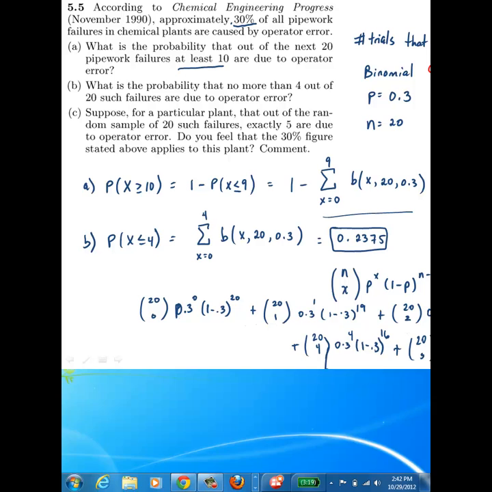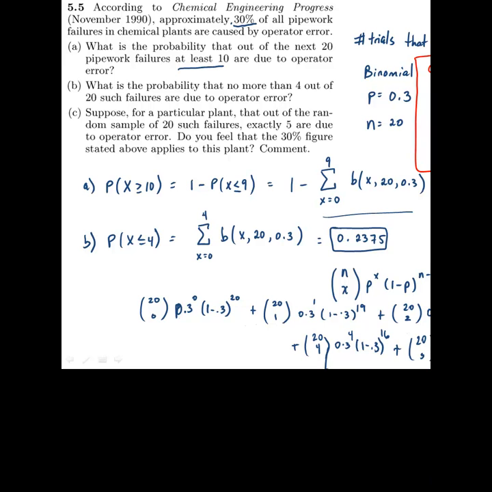Okay, I think this is a very good exercise, because it's going to clarify some errors that you can have using the table. So now we want to find the probability of x equals a number. Okay, so in this case it's equal to 5.